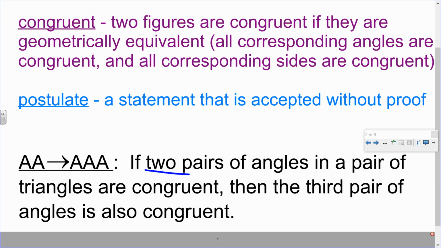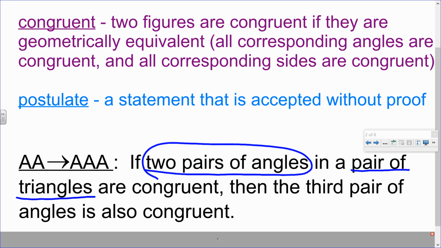If you have 2 pairs of corresponding angles that are congruent, you are talking about not one triangle, but 2 triangles. So you have to have 2 triangles, 1 set of corresponding angles congruent, a second set of corresponding angles congruent, therefore the third set is also congruent.